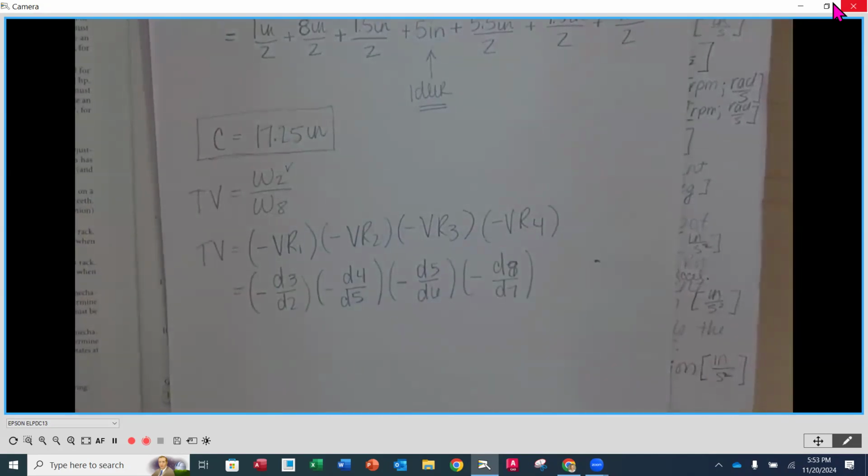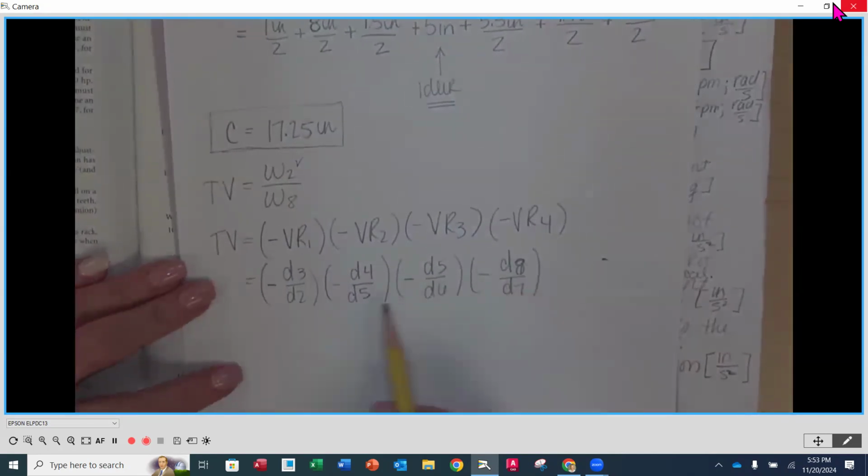So 4 velocity ratios, right? Gears on top for each of those and pinions in their respective velocity ratio underneath.